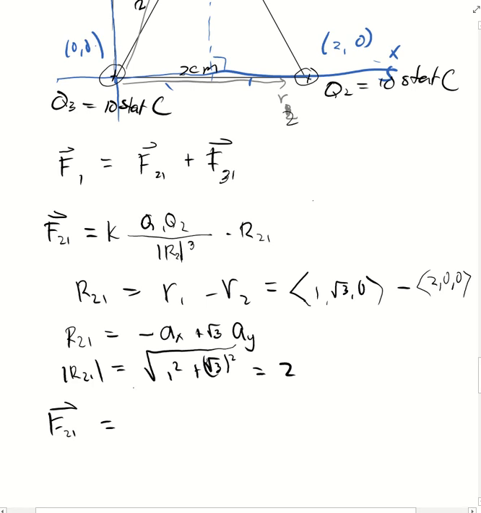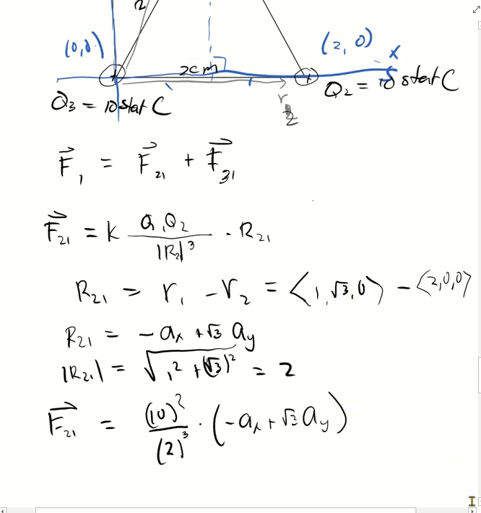So K here is equal to 1. Then Q1 times Q2 is 10 Coulomb times 10 Coulomb. We just multiply 10 times 10, all over the distance between them, 2, cubed. Then you multiply it with the vector R21, negative AX plus the square root of 3 AY.